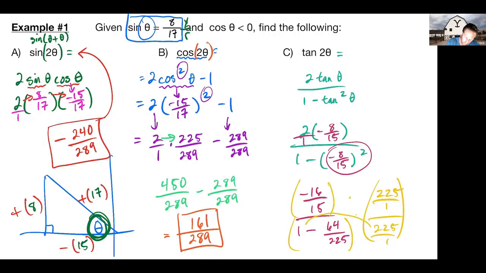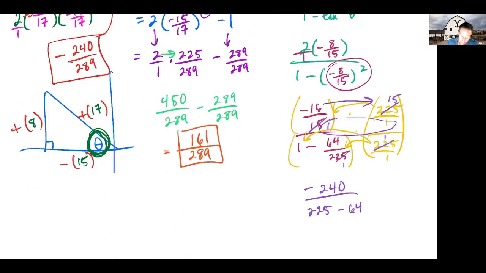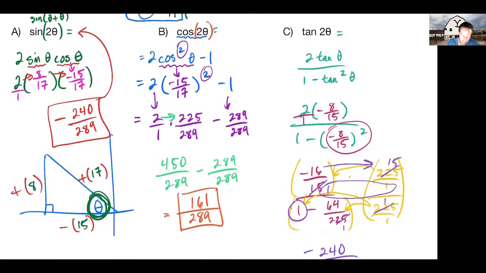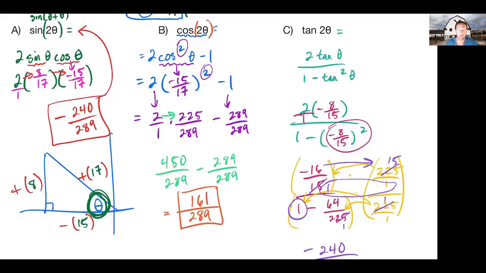Just don't forget to multiply it to the 1 as well. Okay, and that would give us negative 240 over, don't forget the 225, minus, these would cancel out and give us 64. So finishing that off would yield a final answer of negative 240 over 161. So we found sine, cosine, and tangent of 2 theta. That was parts A, B, and C.